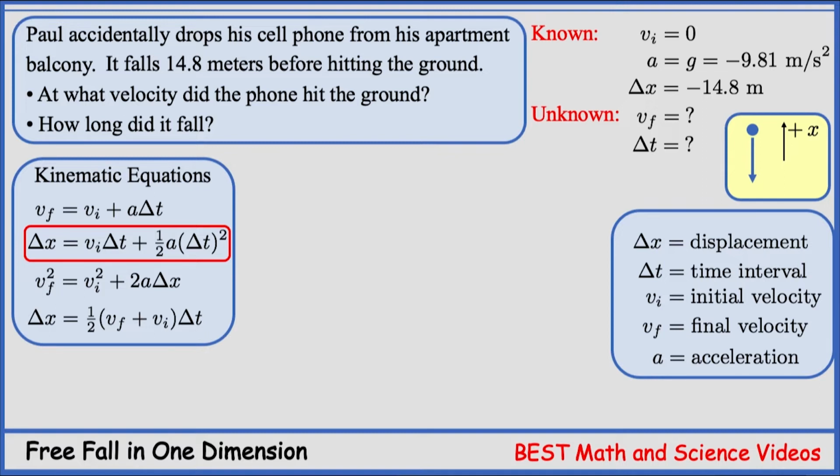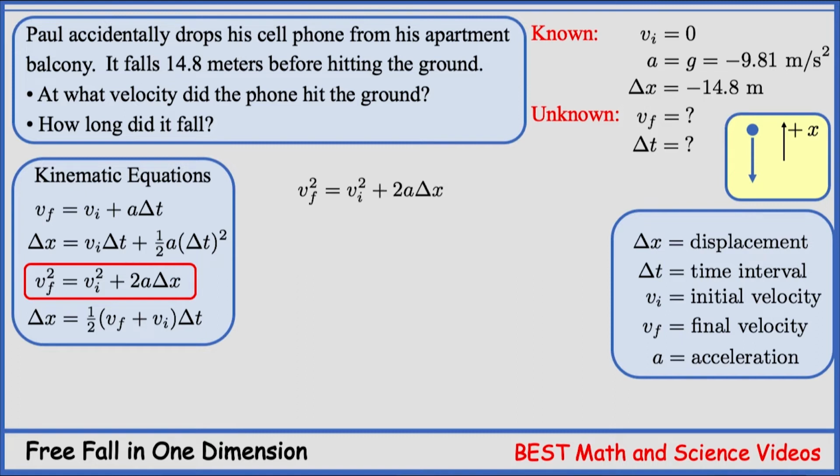We could use this equation, but the squared value of time, one of the unknowns, would make it a little complicated to use. Instead, look at the third equation. It has just one unknown, the final velocity. All the other variables in the equation are known, so this is the equation we want to use.